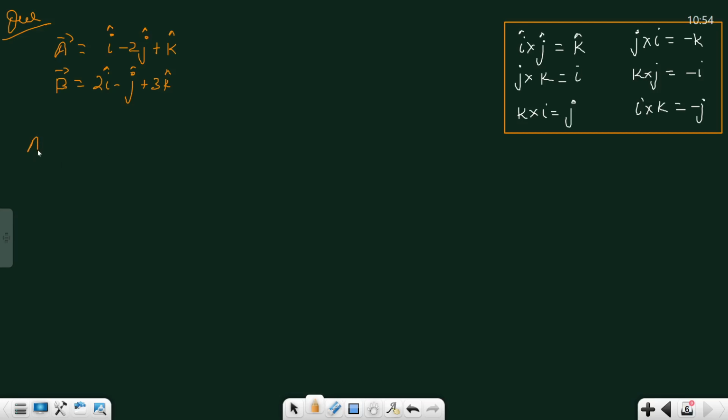You have to find A cross B. First we will go through the long, basic procedure. In the second method we will use the determinant method. So first the basic approach. When you go for A cross B, you will write down the complete vectors, and when you go for the cross product, we multiply each unit vector in a cross manner.